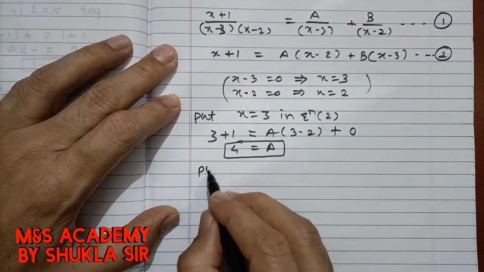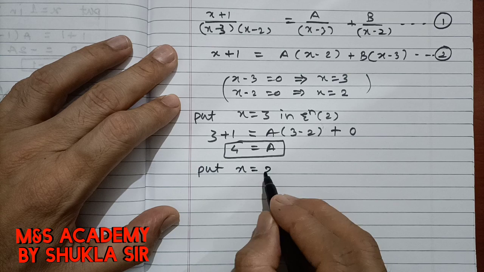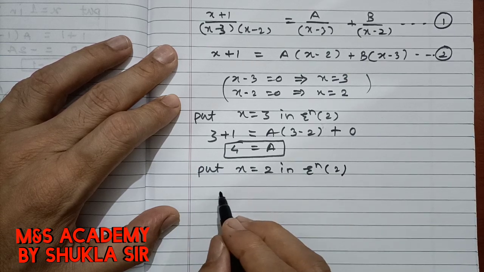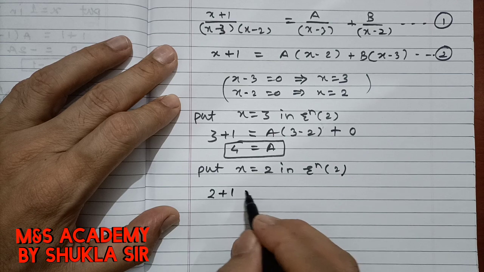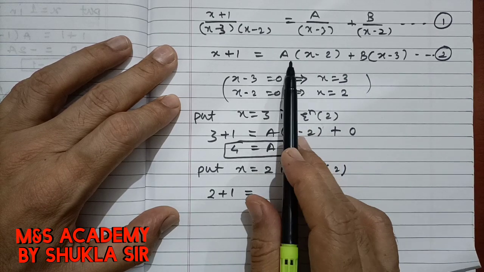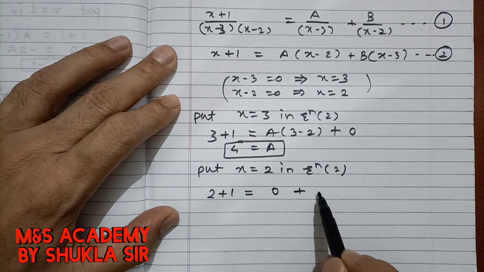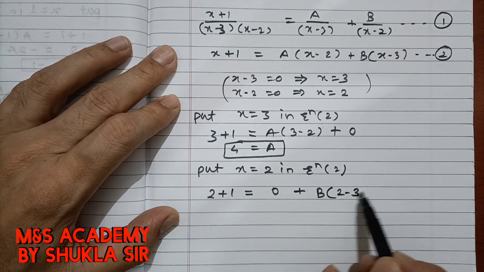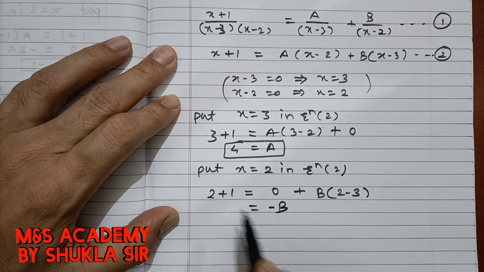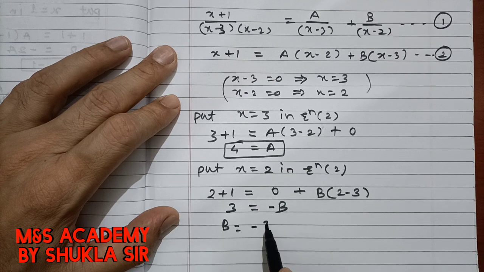Next, put x equal to 2 in equation number 2. So 2 + 1 is equal to, this part becomes 0, plus B times (2 - 3), which is equal to -B, which is equal to 3. So B is equal to -3.